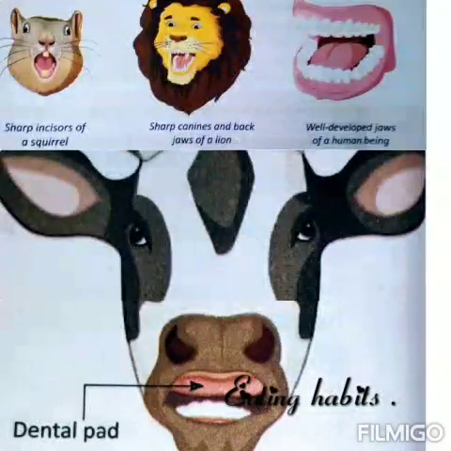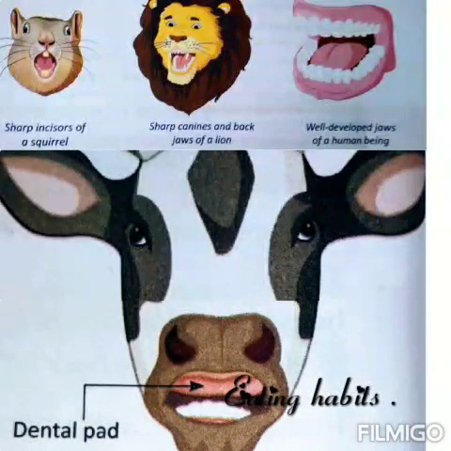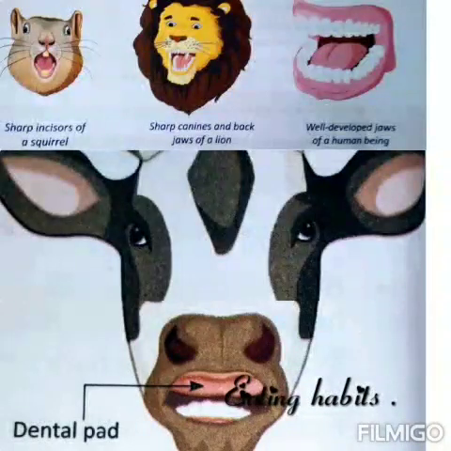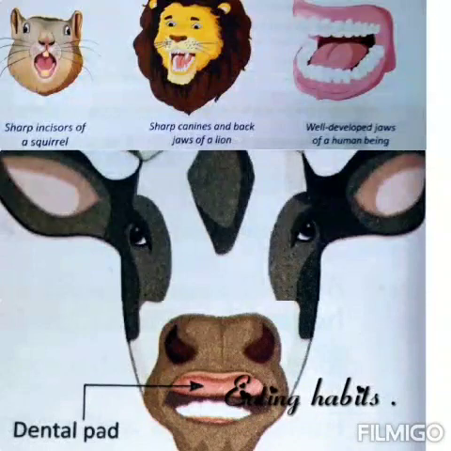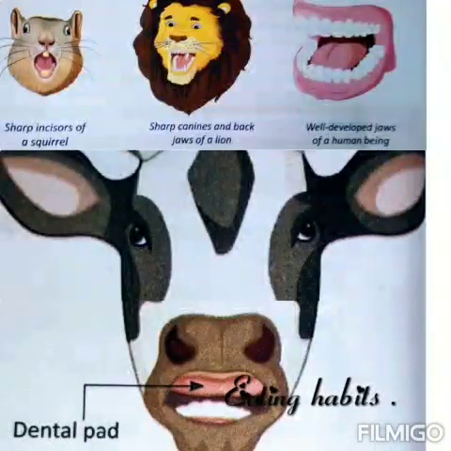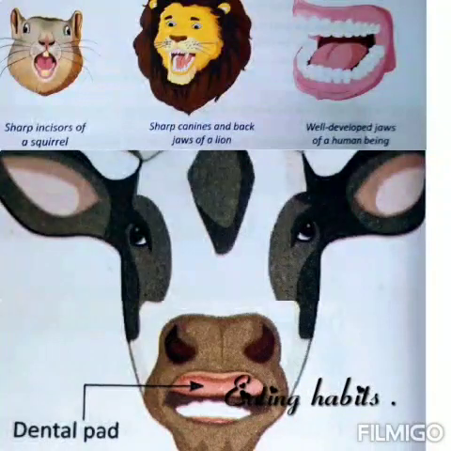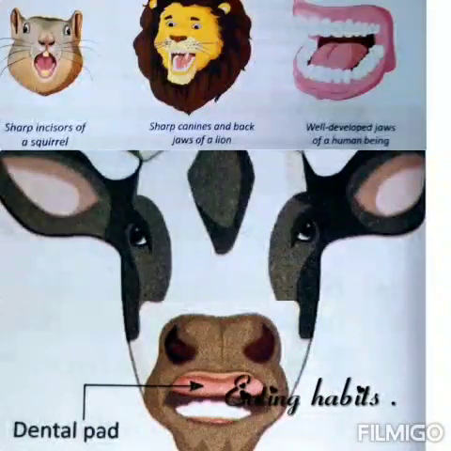The premolars are used to tear and crush the food. Rodents, such as squirrels, rabbits, and rats, have very sharp front teeth to gnaw nuts and seeds.